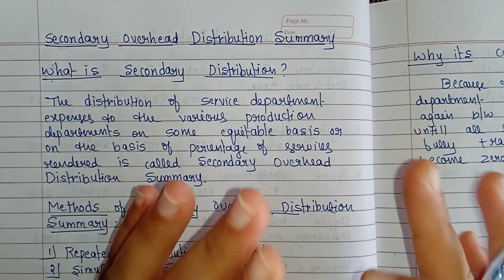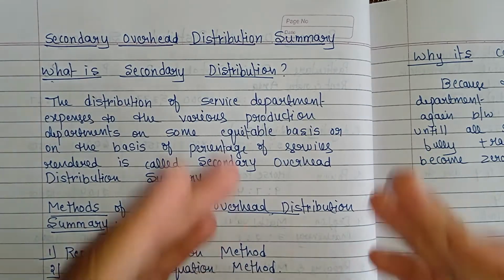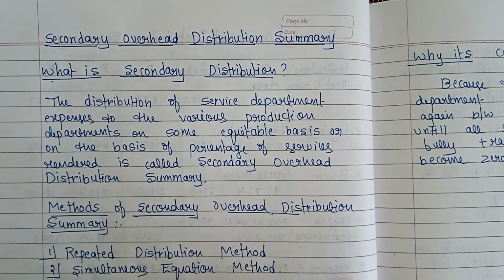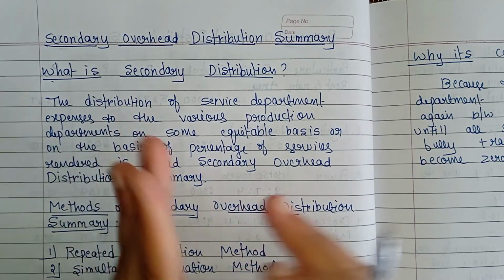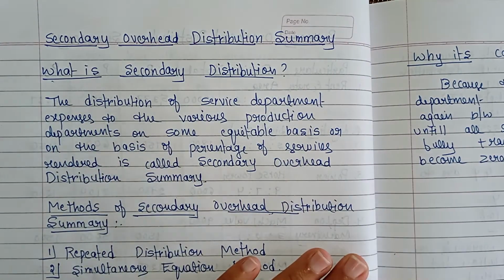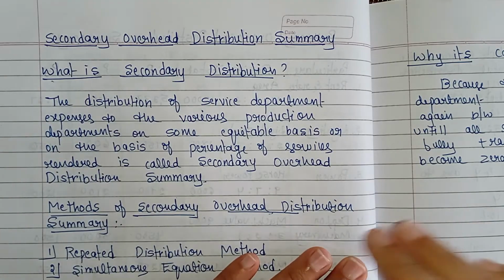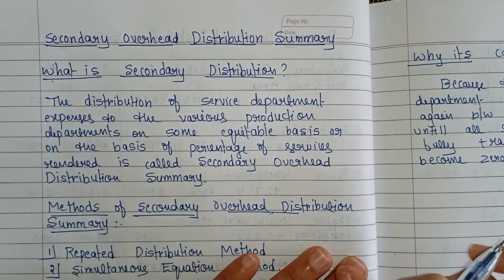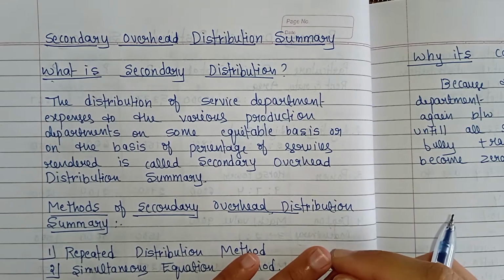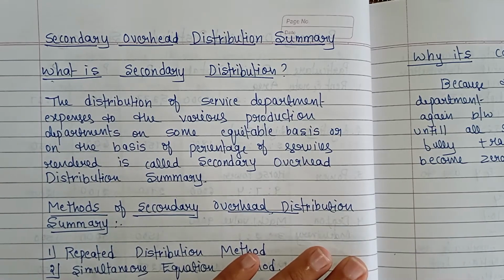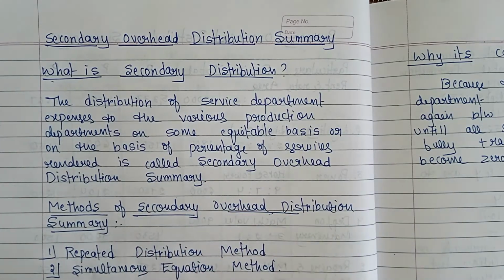Clear? Once the overheads are allocated and apportioned to all the departments, both production and service, in the primary distribution stage, the next step is to reapportion the service department cost to the production departments. This process is called secondary overhead distribution.